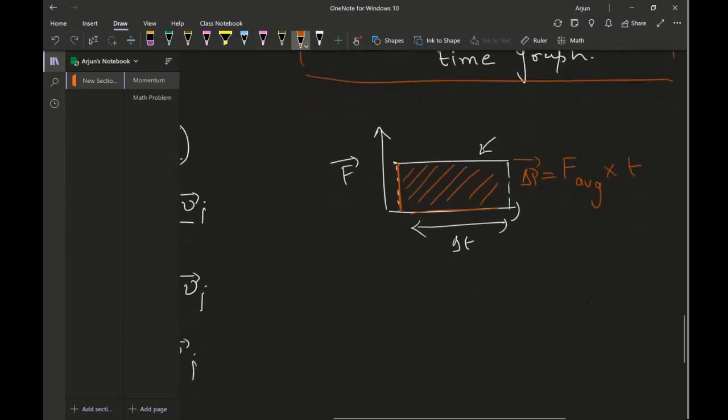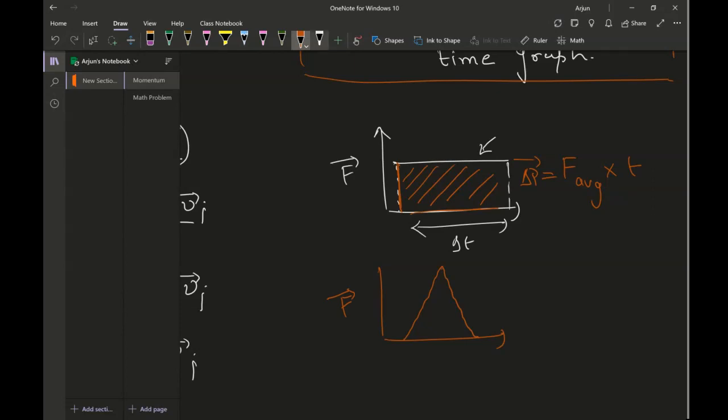Now, what if the graph doesn't look like this? What if the force is varying across the time span? If you have a graph like this, which is more of a real life problem, this is what happens. Force is represented here.